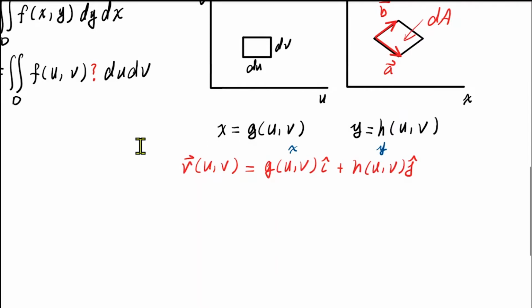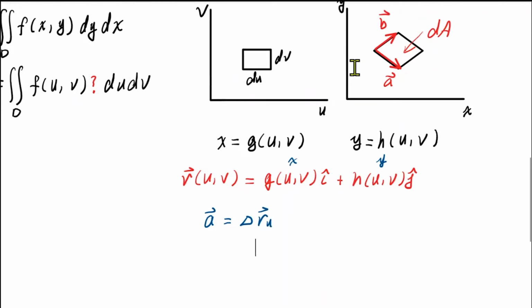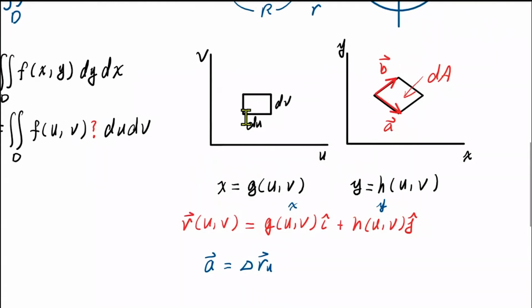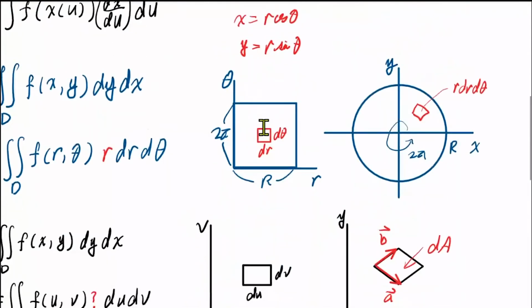Okay, now, so let's think about it. Vector A then can be given by this. Vector A, say, is delta r in u direction. If I move a little bit this way, then I move a little bit that way is the picture. You know what I'm saying? Let's go back to this thing. If I move r a little bit that way, then this thing moves a little bit that way, right?